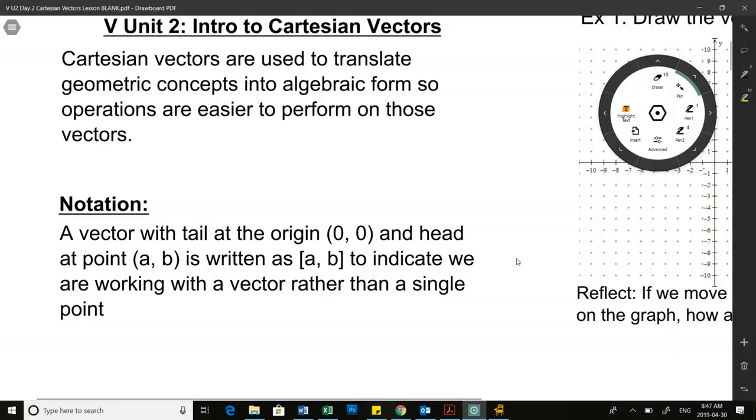But when we're talking about algebraic vectors, we think of the square brackets as just indicating an algebraic vector, not that it's inclusive from point A to point B. It's just telling us where the tip of the vector lands after it starts at 0, 0.